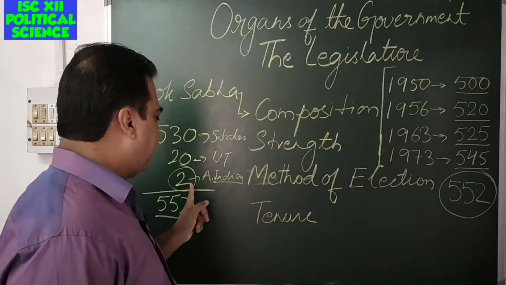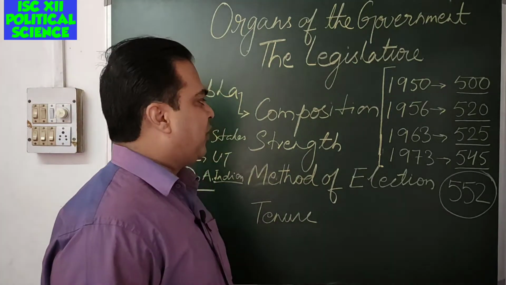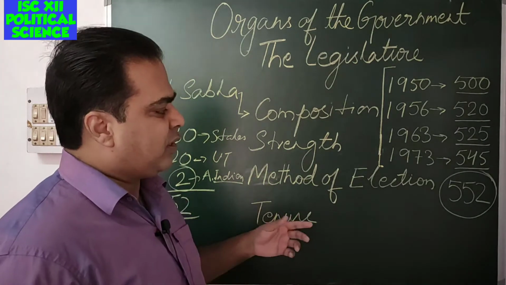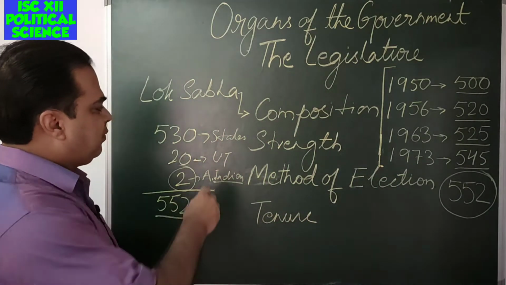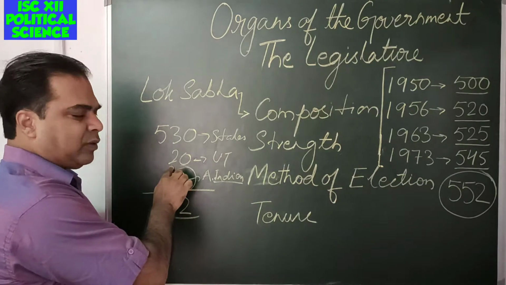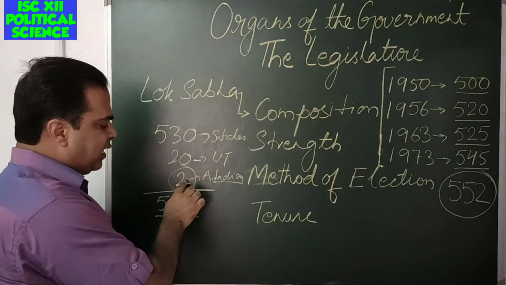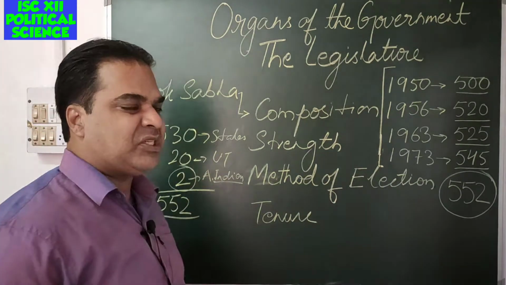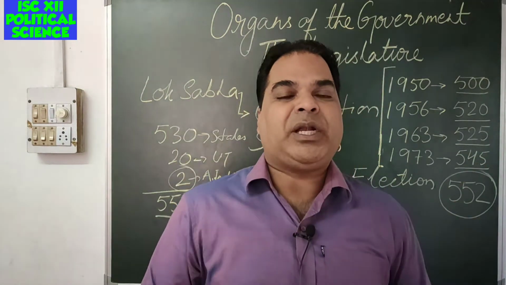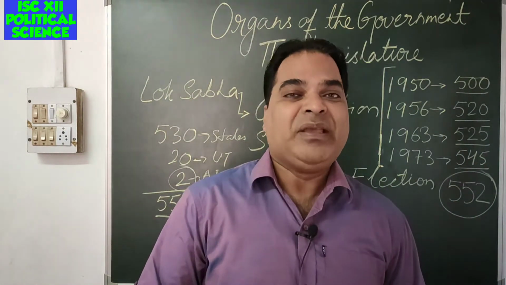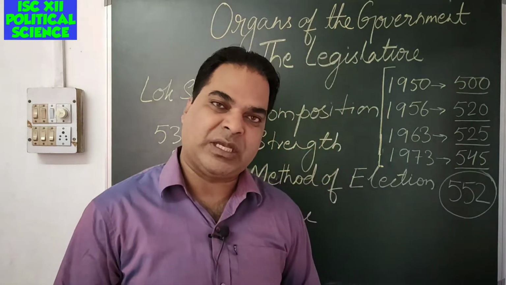This will be decided by the president of our country. So the maximum strength of Lok Sabha is 552. Out of that, 530 represent states, not more than 20 represent union territories, and 2 are nominated by the president from the Anglo-Indian community if he thinks that the community is not properly represented in the Lok Sabha.